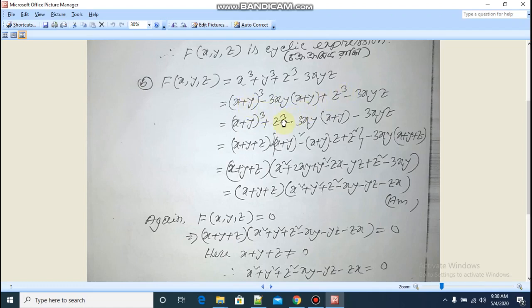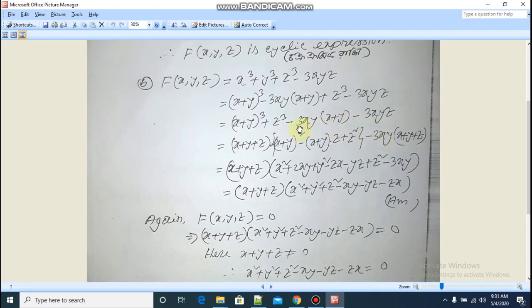This plus this. Again, a cube plus b cube is (a plus b) into (a square minus ab plus b square). But these two terms, minus 3xy, is common. So we take minus 3xy as common.